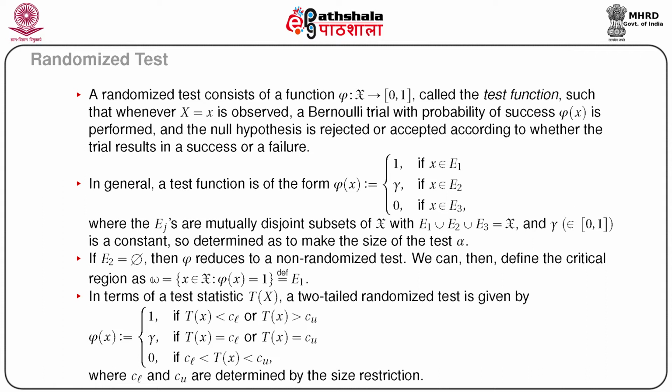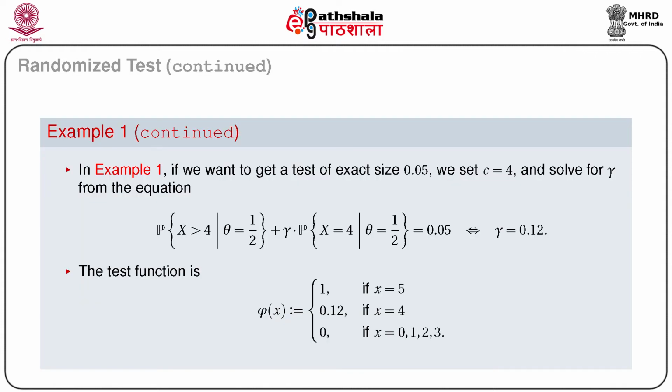Note that in the region E2, if a sample point falls in the region E2, then we perform a random experiment with probability of success gamma, and if success appears, we reject H0, otherwise accept. Now, in the above example, if we want to get an exact size 0.05 test, then we set C equal to 4.